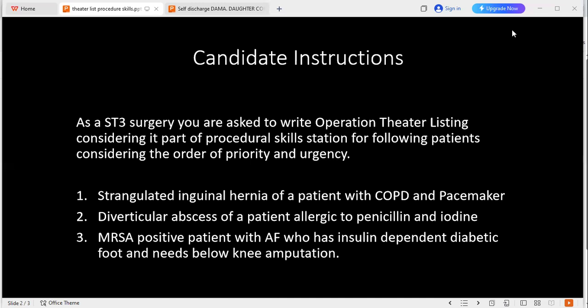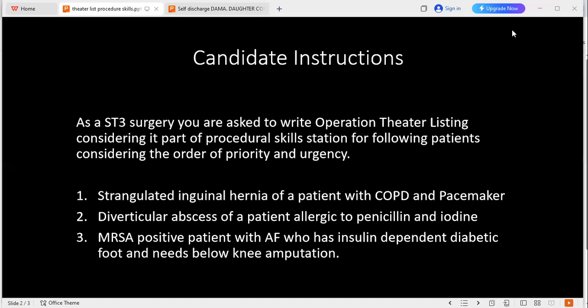Moving on to the next patient. A diverticular abscess patient is allergic to penicillin and iodine both. How would you manage that patient? I should label the patient as allergic to penicillin and make sure about the WHO surgical safety checklist.